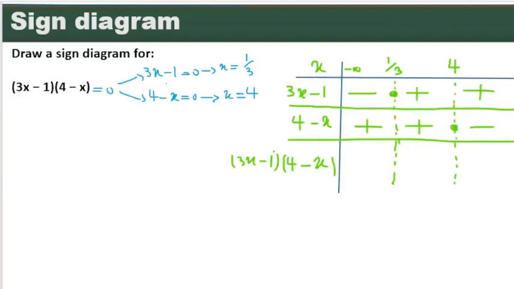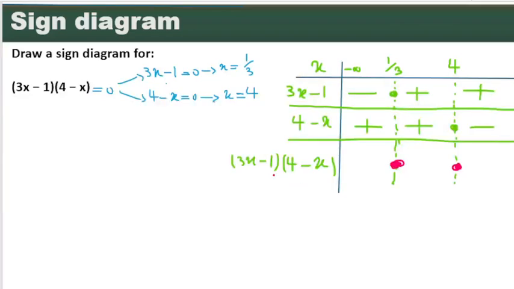At two points, this expression is 0. Let me change my color. As I said, here and here make this expression 0.